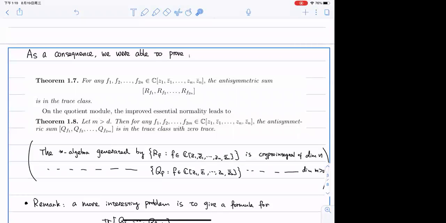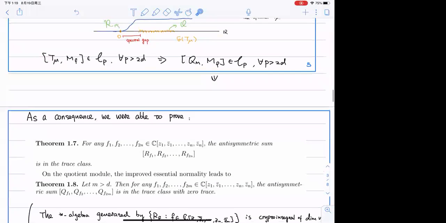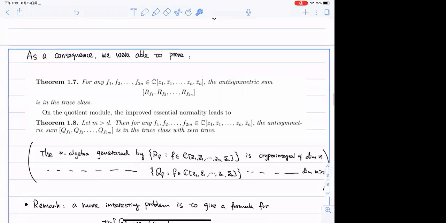So this is also our last paper. As a consequence of this improved bound on the Helton class membership, we are able to prove two things. The first is that this anti-symmetric sum of generalized Toeplitz operators on the submodule, under this hypothesis, is in the trace class.